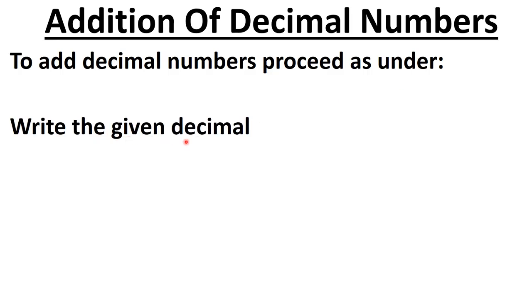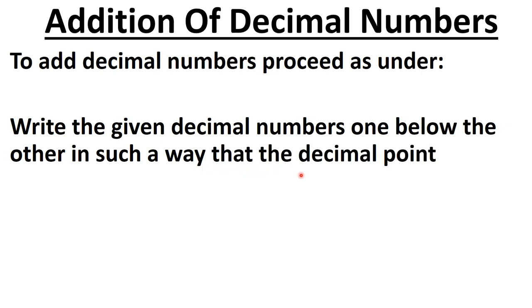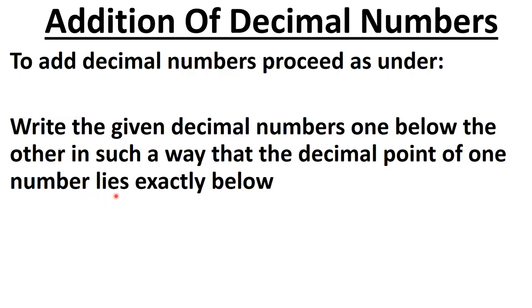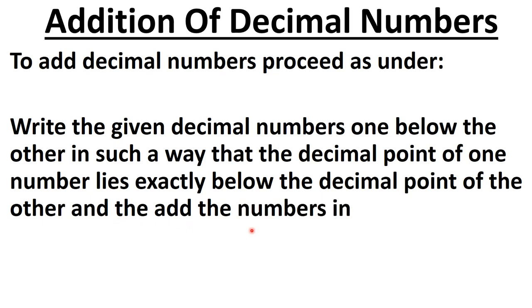Write the given decimal numbers one below the other in such a way that the decimal point of one number lies exactly below the decimal point of the other, and then add the numbers in the usual way. Understood? Decimal below decimal you need to write down.